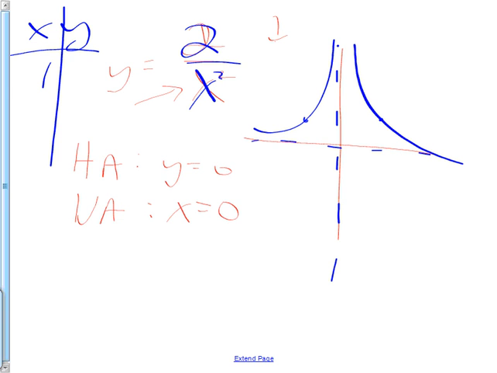Now it's going to be 2 over 1 squared, which is 1, so it's going to be 2. 1 goes with 2. Okay, so the asymptote lines didn't move, but the actual volcano is going to look a little different. It's going to be stretched up, twice as tall as it used to be, but it still basically looks the same. Same with this side. Whatever this height was, now it's twice as big, etc.